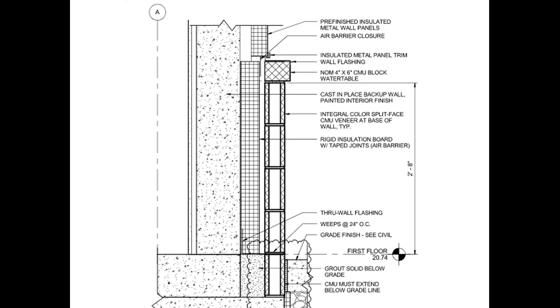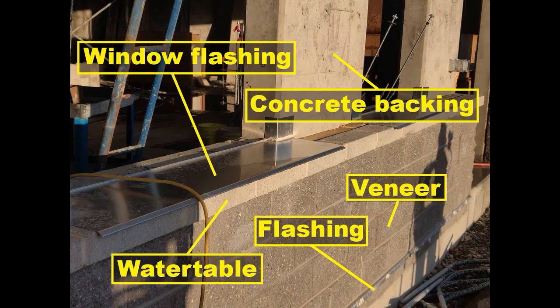Flashing and weeps. Wherever through-wall flashing occurs, provide weep holes to drain flashing to exterior at acceptable locations as indicated. Locate weeps not more than 24 inches on centers in mortar joints of the exterior wythe directly on the horizontal leg of through-wall flashing over foundations, bond beams, and any other horizontal interruptions of the cavity.